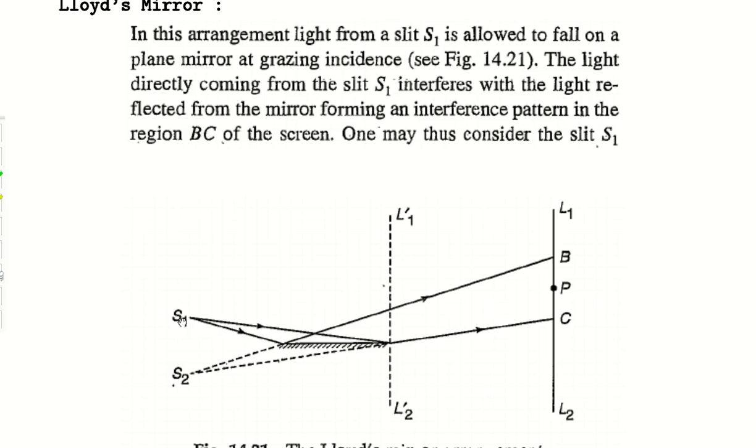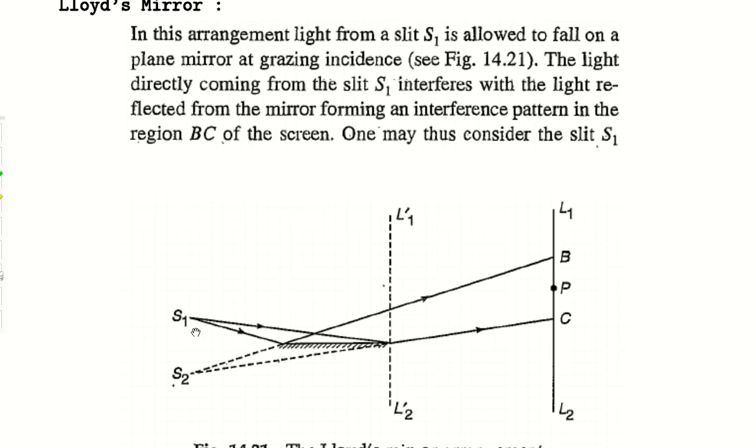What is the reason? Let us follow two rays, the two extreme rays drawn here. Ray number one gets reflected and goes in this direction. If you trace it back, it will appear that it comes from the point S2. Similarly, this ray will also appear to converge at S2. So S2 is the virtual image of the actual source S1.